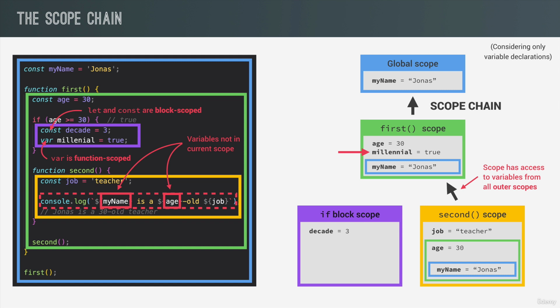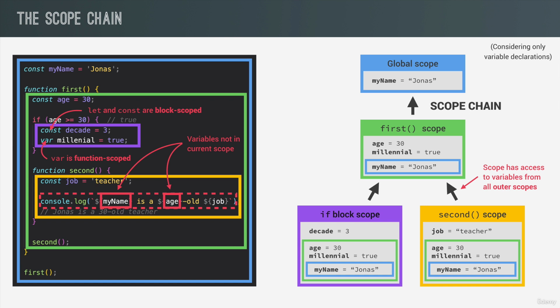Now, about the scope chain, if the millennial variable is in the first function scope, then of course the second function scope also has access to it, even if it doesn't really need that variable. Also, the scope chain does of course apply to block scopes as well, and therefore, in the if block scope, we get access to all the variables from all its outer scopes.